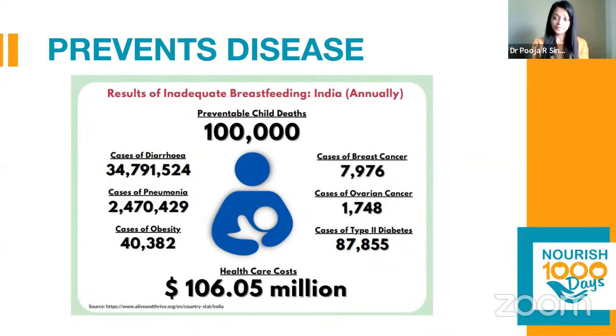These are communicable diseases, but also 40,000 cases of obesity and 87,000 plus cases of diabetes. And in women, breast cancer and ovarian cancer risk can be prevented, 7,000 and 1,700. So all of these can be prevented if breastfeeding is done adequately.